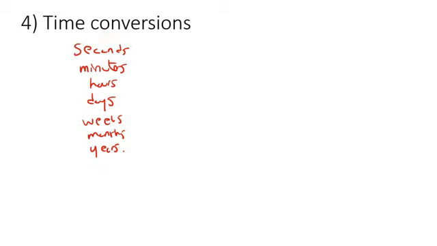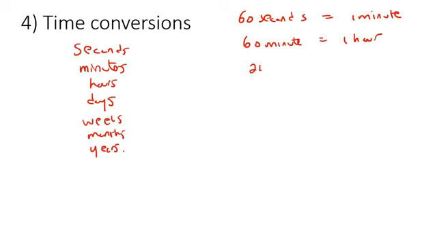I want you to know that there are 60 seconds in a minute. These are all things you do know, but just make sure. There's 60 minutes in 1 hour. Then there is, let's see, 24 hours in a day.